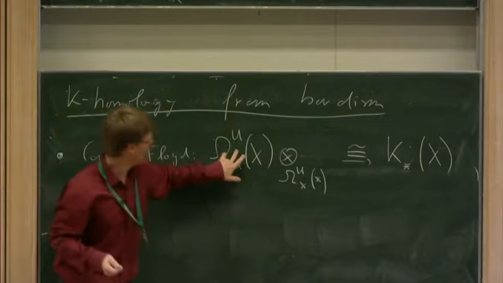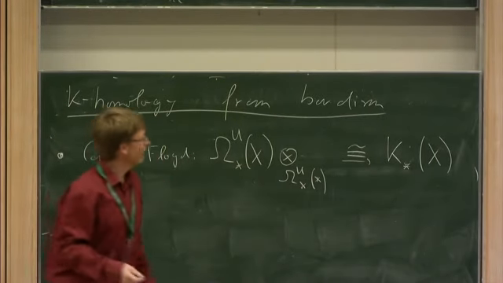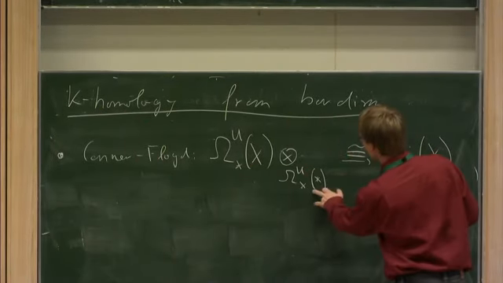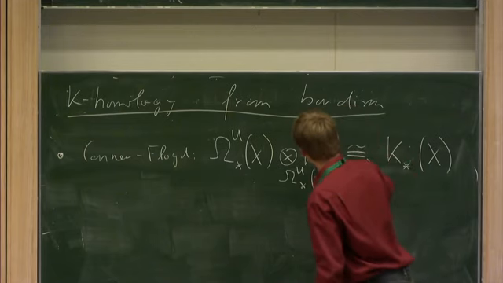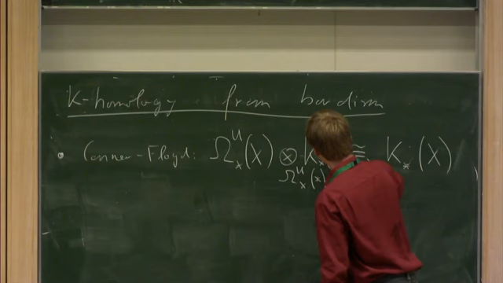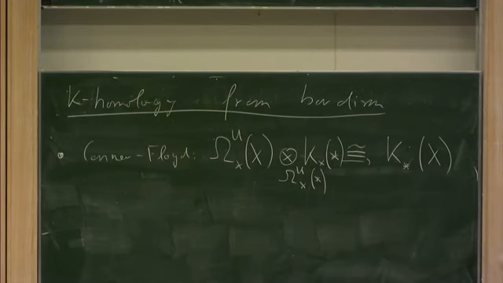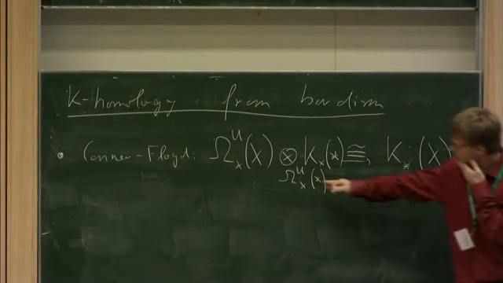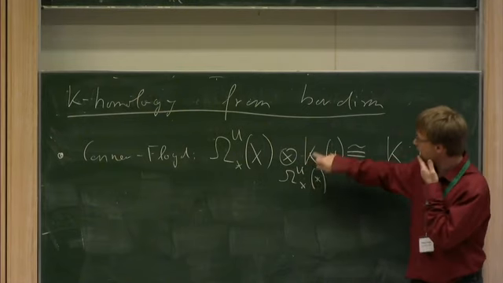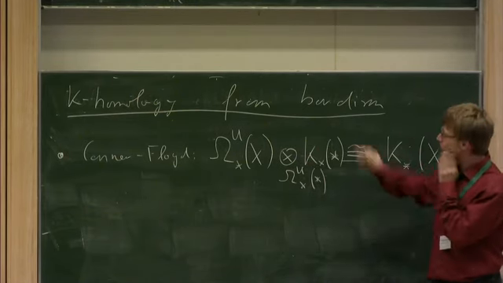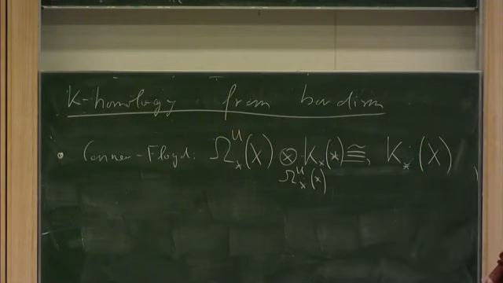Okay, so a module for that ring. And there's another module for that ring, which is the K-homology or K-theory of a point. So there's a canonical ring map from this ring to that ring, which is complex orientation, and we can take this tensor product and get the K-homology of X.